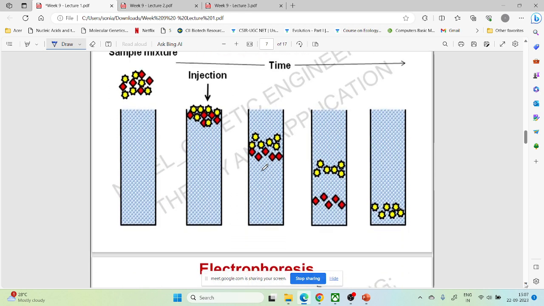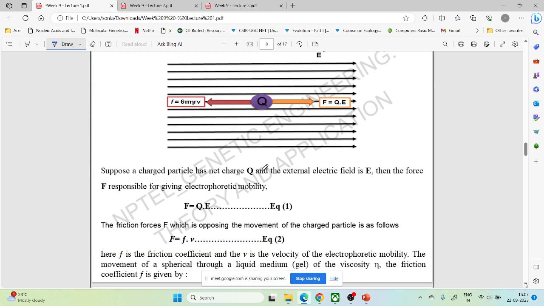So the basic idea of electrophoresis is that your product, your protein, or whatever mixture of protein is there. Basically, not just protein, any particle always experiences two kinds of forces.